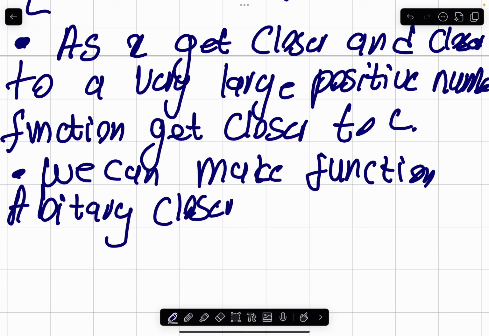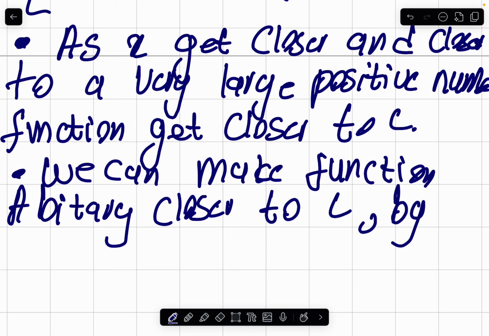Please go and check that spelling of arbitrary, that is correct, because as mathematicians, the English, we don't know. Arbitrarily closer to L by making x closer to a very large positive number.